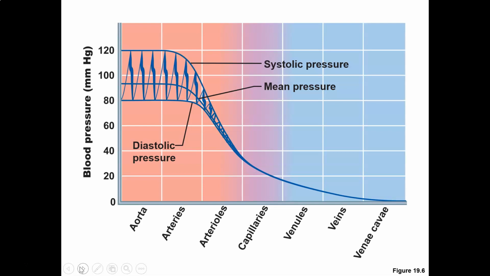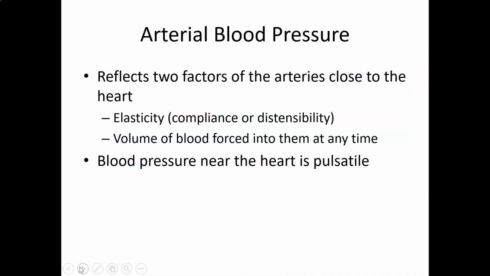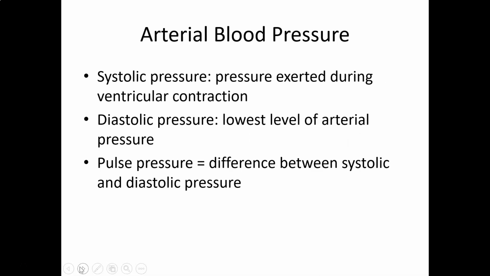There's a nice little graph that shows blood pressure. That pressure in the arteries shows us two things. One, that they're elastic, and two, that the heart is pumping blood in. And you can see they're both.